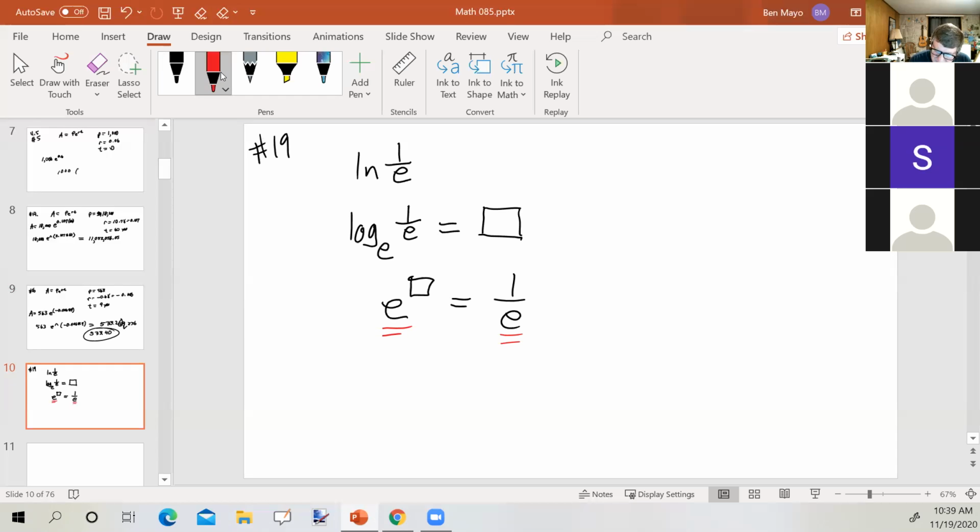On the left, the base is e. On the right, the base is not e. I could take 1 over e and write it as e to the negative 1 power, moving it upstairs. So now the box is negative 1. And there's the answer to that one. Any questions there?